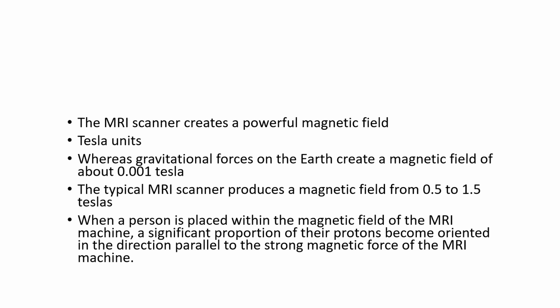But when the brain is subjected to a very powerful magnetic field, the orientation of protons will change. When the person is placed within the magnetic field of the MRI machine, a significant proportion of protons become oriented parallel to the magnetic force of the machine. Basically, the orientation of protons changes when they are subjected to a strong magnetic field.